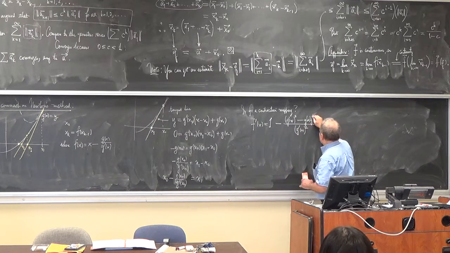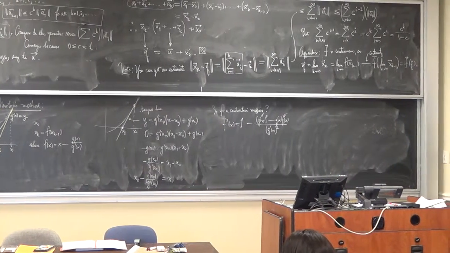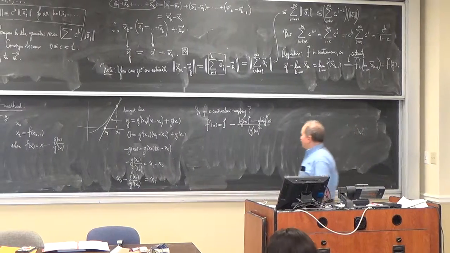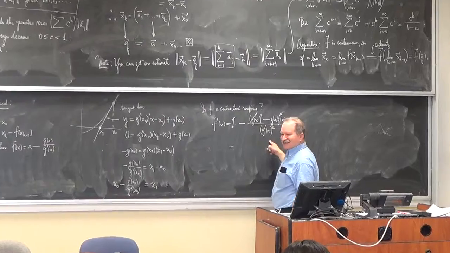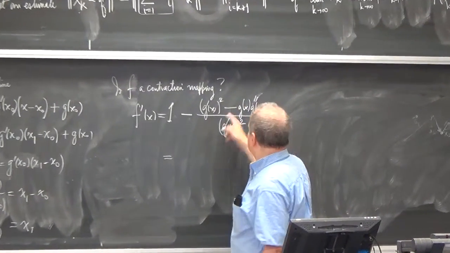Is that correct? Yep. So what do you notice happens? The 1 cancels, you just get negative g times g double prime over g prime squared.